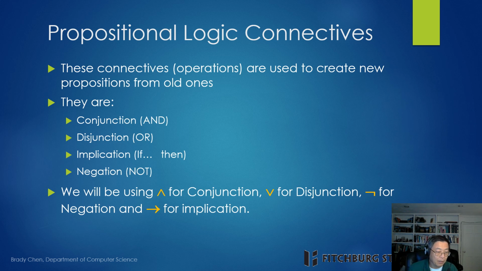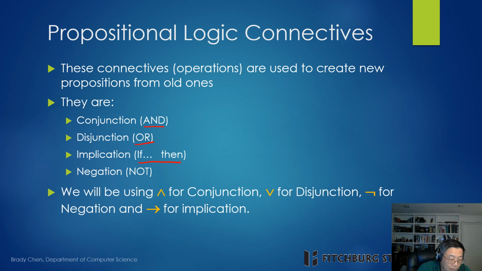Now here, we have 4 logical operations: conjunction, disjunction, implication, and negation. The conjunction is sometimes called and, disjunction is sometimes related to or, implication means that if something happens, then something else happens, and negation means not.